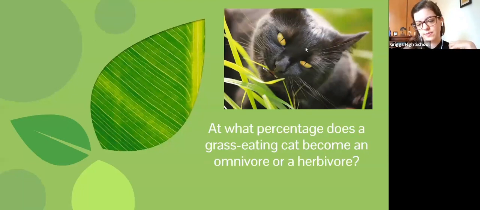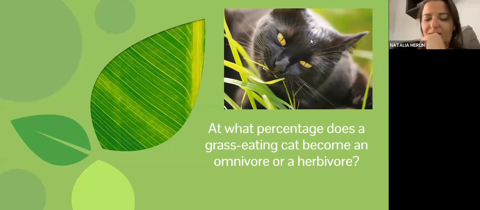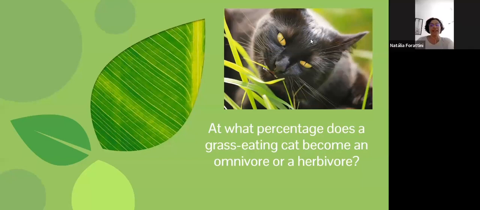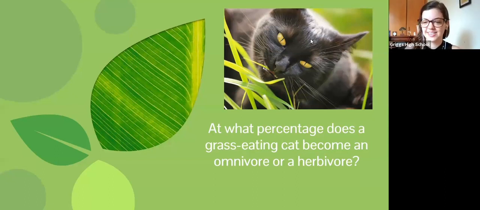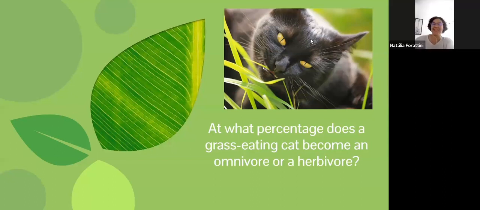So question, do you guys have cats? Actually, does anyone here have a cat? Yes, I do. Have you ever seen your cats eating plants? Grass, yes. My cats eat lettuce. Because he likes it? Yeah, they love it.